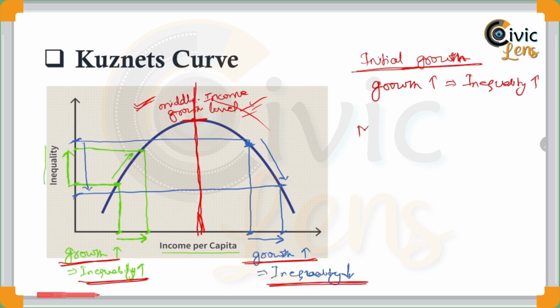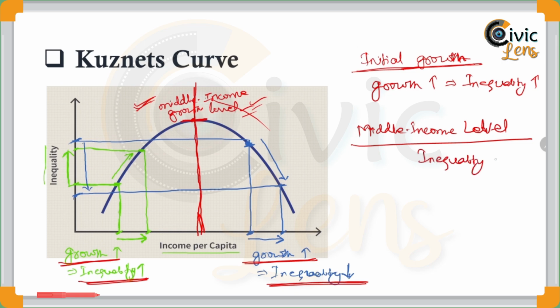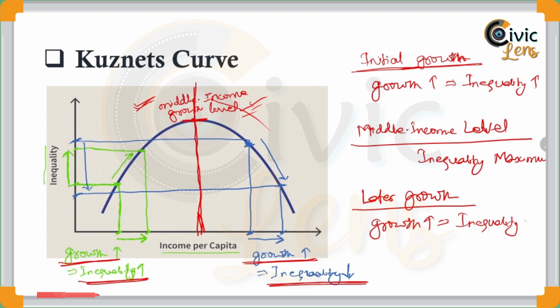Then the economy will attain middle income level where inequality will be maximum, and then in the later growth, with increasing growth, inequality will come down, right? So this is exactly what Kuznets curve says, right?